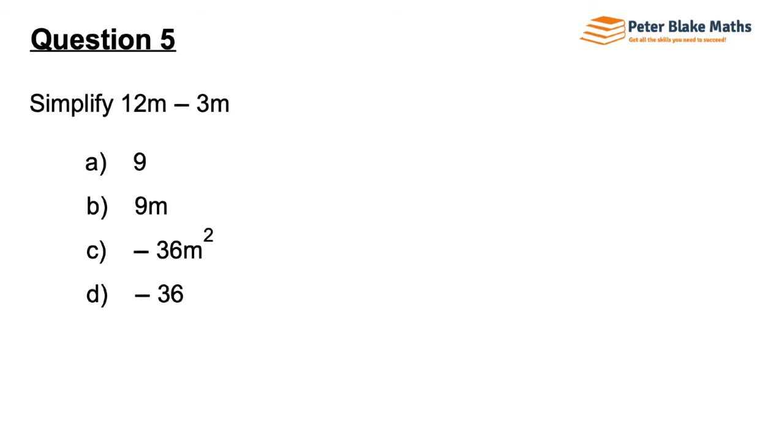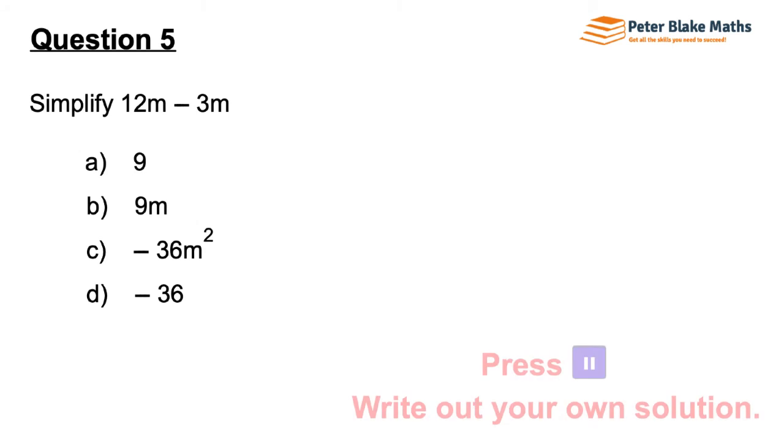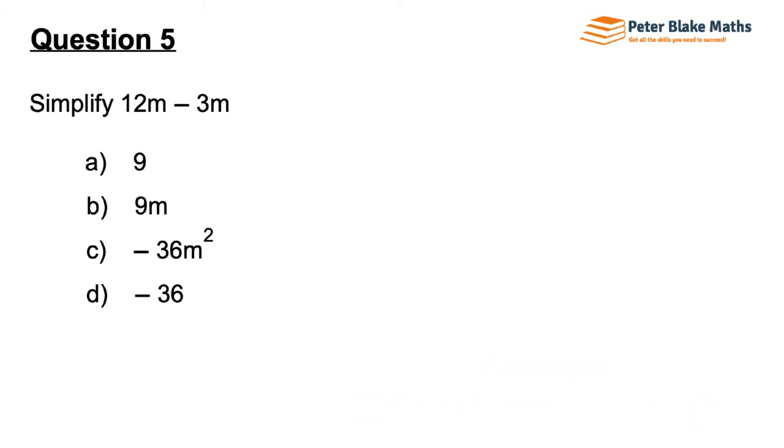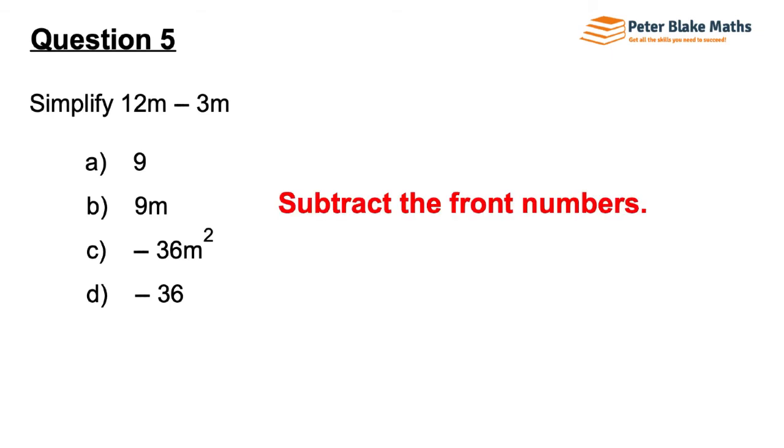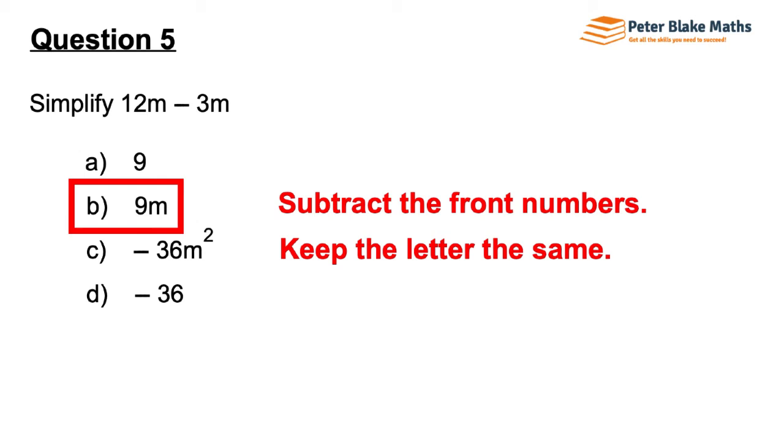Question 5. Simplify 12m minus 3m. We subtract the front numbers, so 12 minus 3 is 9, and we keep the letter the same, so we end up with 9m.